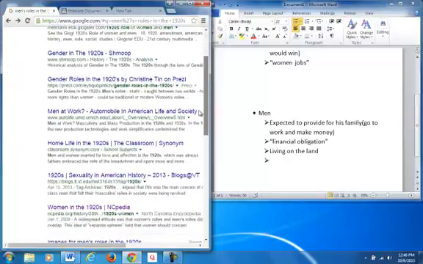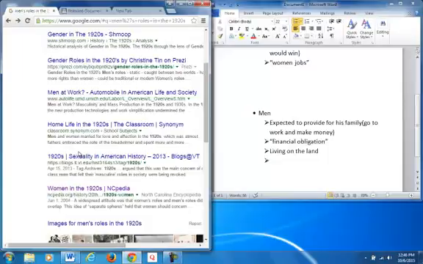So I just keep going back to Google till I found my three sources, really.